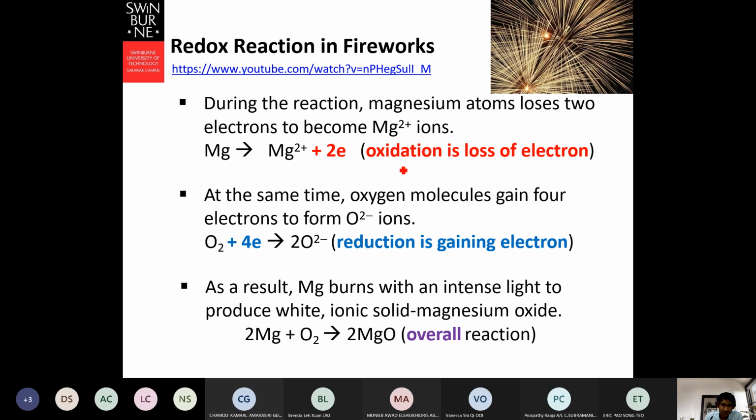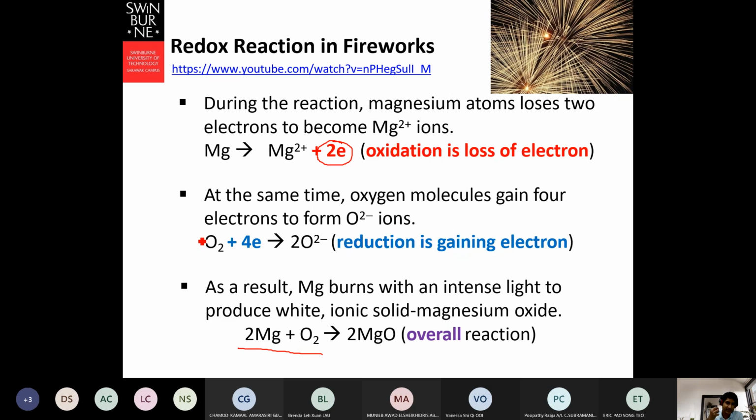For example, magnesium atom loses 2 electrons to become magnesium ion. When there is magnesium and oxygen together in the reaction, oxygen takes up these 2 electrons because oxygen is electronegative.